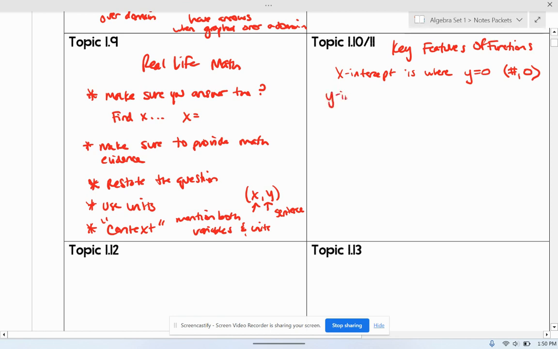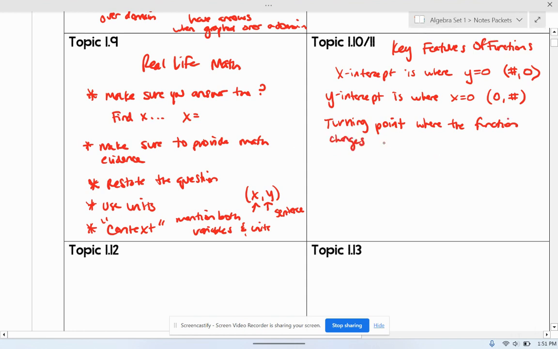The y-intercept is where x equals 0, and the point will look like 0, comma, some number. The turning point is where the function changes direction. And you can think about finding these by looking for the peaks and the valleys along the function.